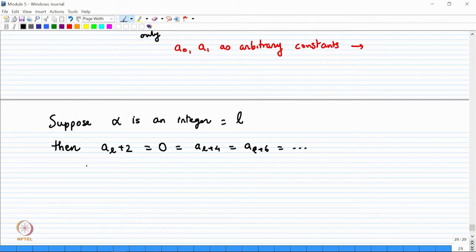So that implies that the series terminates at n equal to L. Okay.